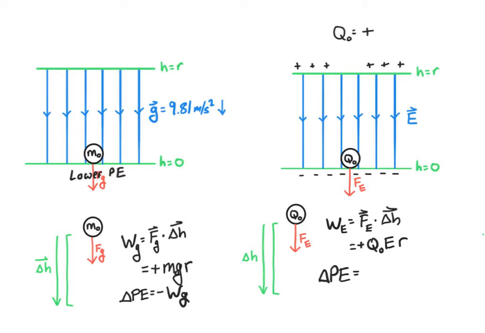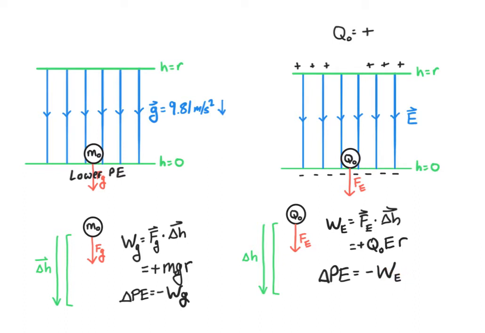So the potential energy, once again, has to have decreased by the same amount that the kinetic energy of our charge has increased. And so we have this relationship, once again, that the change in potential energy of our system is equal to the negative of the work done by the electric field.